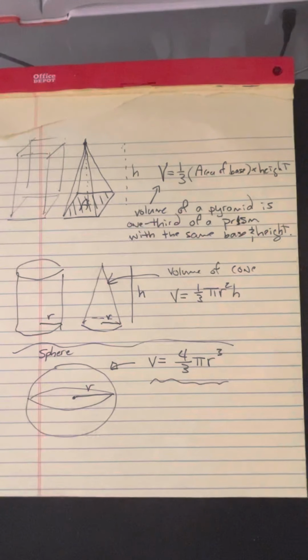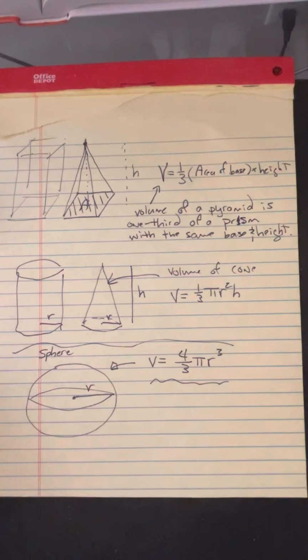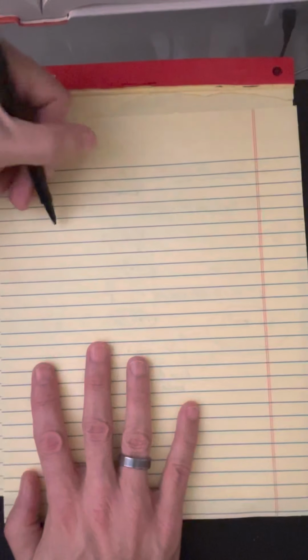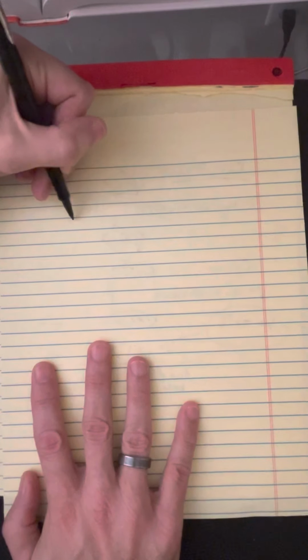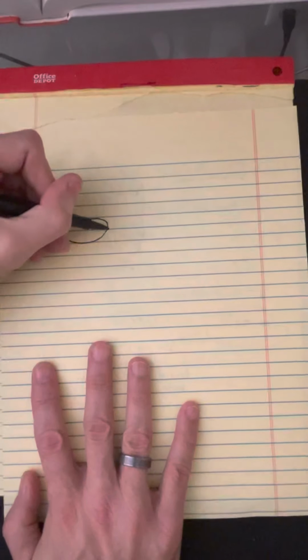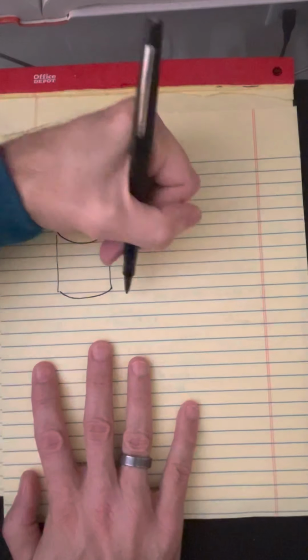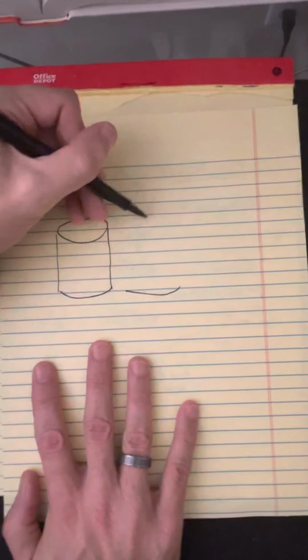One thing I can do, and the last thing I want to try to do in this video, is a really cool little thing. Let's say I have a cone, a sphere, and a cylinder that are kind of similar. So let's say I have a cylinder like this, and I have a cone with the same radius and the same height.